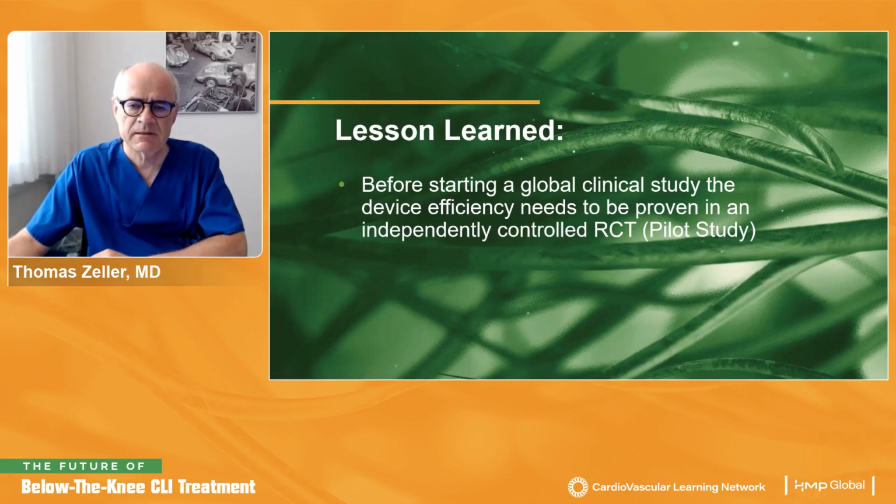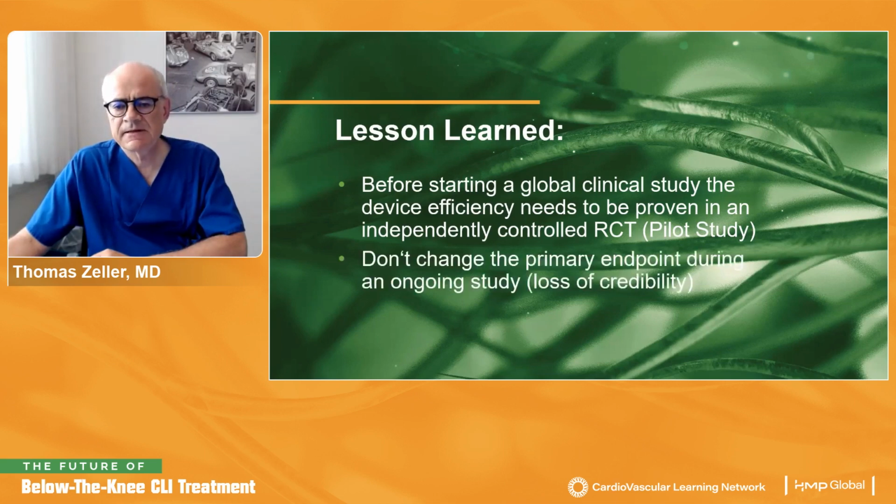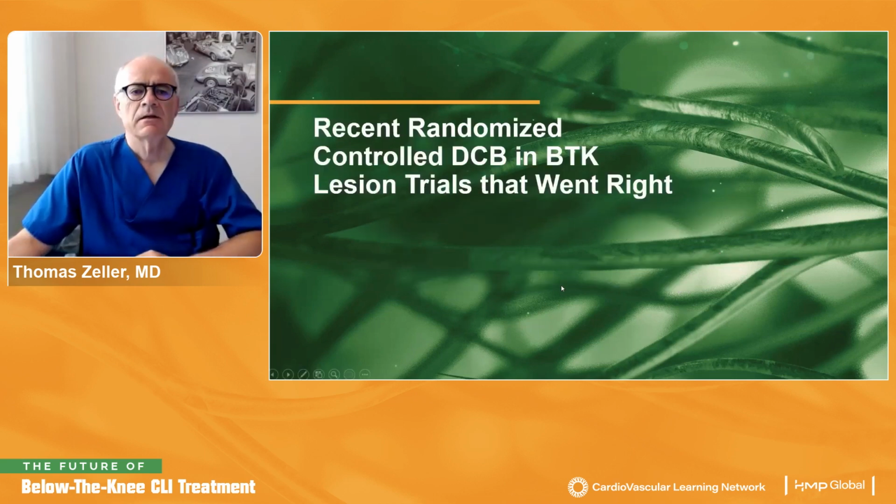For the IN.PACT Amphirion balloon in particular, there had been 2 studies published, single-arm studies not independently controlled, which suggested that the device may have been technically effective, but in the end it turned out that it was not. And as a lesson learned from the Lutonix BTK trial, don't change the primary endpoint during an ongoing study. This will include a loss of credibility for this study.